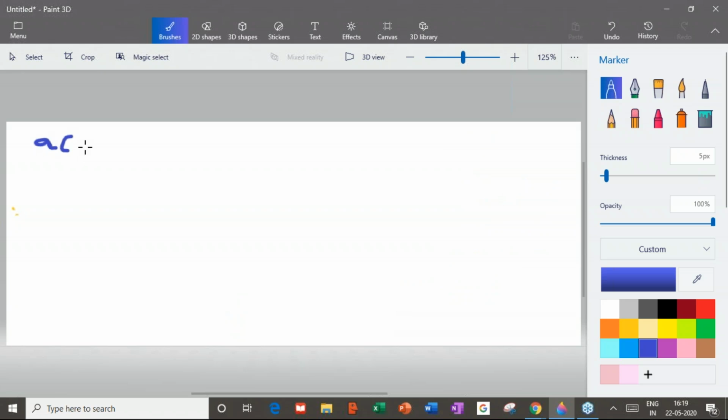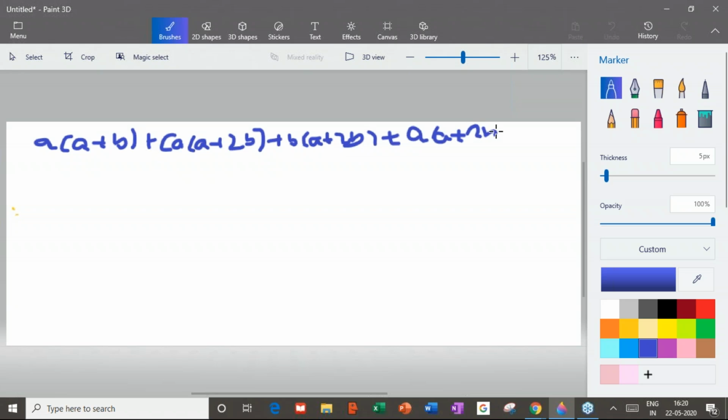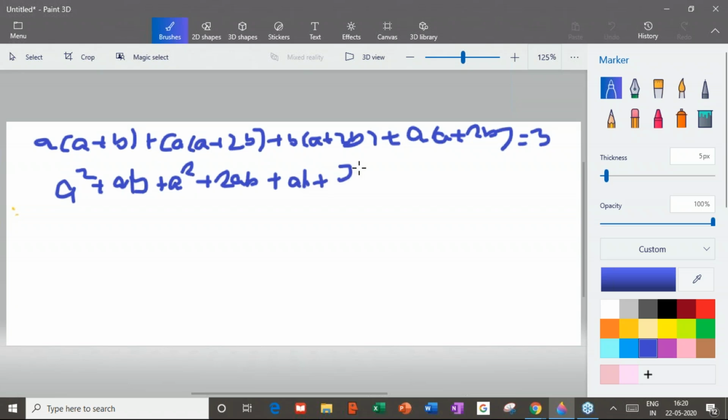So the second one, which says a into a plus b plus a plus 2b, I'm just splitting the term, a plus 2b plus a into a plus 2b, which is equal to 3. Correct? Or a square plus ab plus, what is this? a square plus 2ab plus ab plus 2b square plus a square plus 2ab.